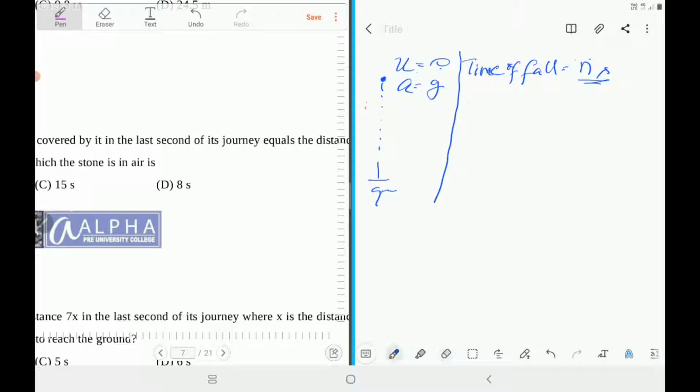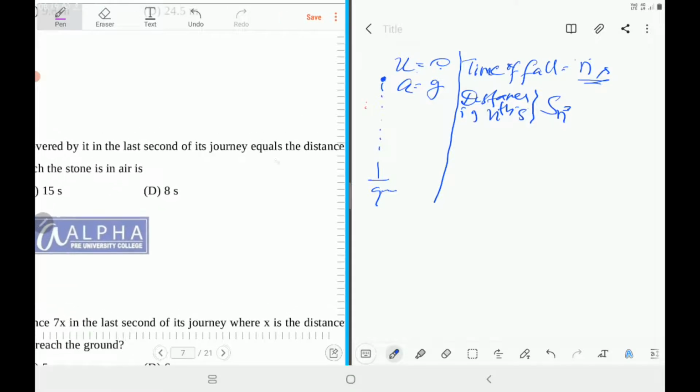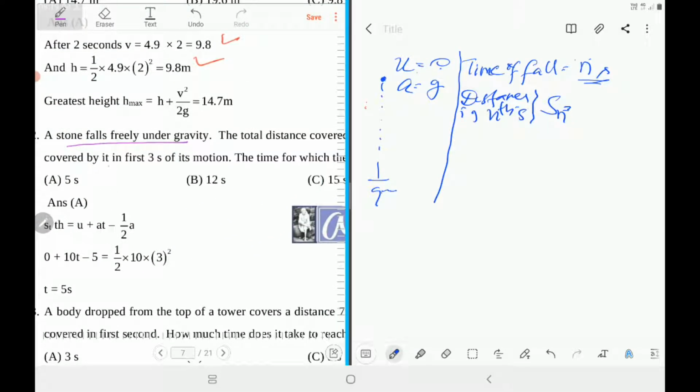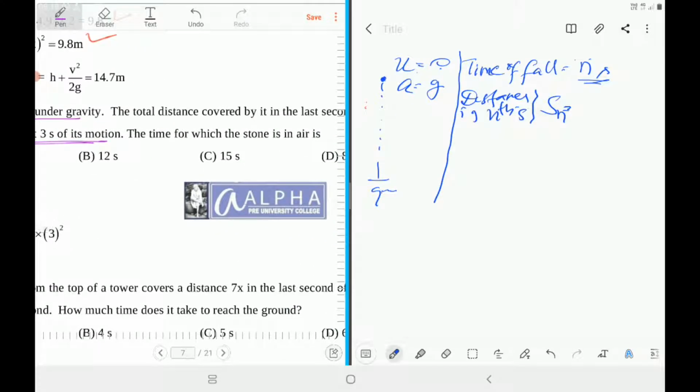You just understand the problem like this. Distance in nth second. What is distance in nth second? I write Sn, and that is equal to, here he is not giving the numerical value, but he says distance covered in nth second is equal to distance covered by it in the first 3 seconds. What is it? Distance covered by it in the first 3 seconds. So that I take S3.